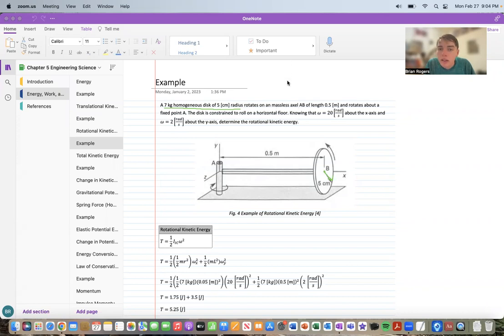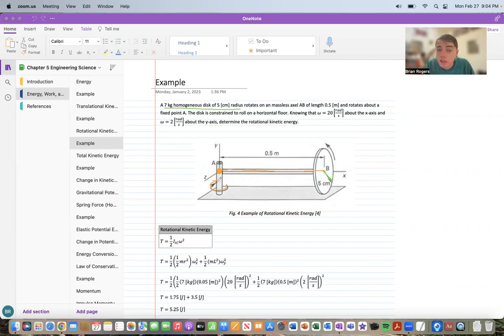And so here from A to B, this axle, indicated in orange here, is of length 0.5 meters and rotates about a fixed point A. So at this point, it is fixed, so it's going to be rotating around A. So we can see this rotation around that point.